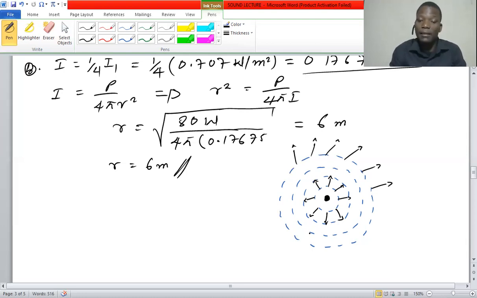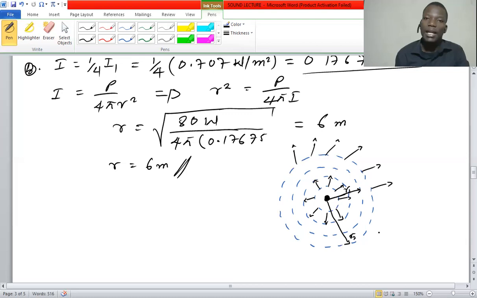So now we may have here radius 1, and then we can also have here radius 2. These are called wave fronts. You can see that our radius 2 is greater than radius 1.